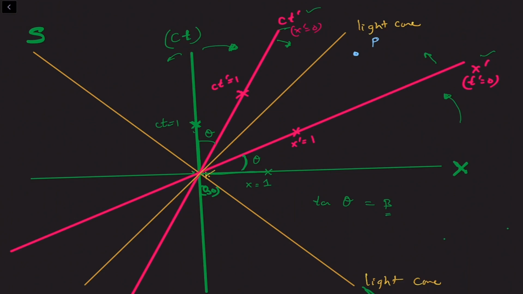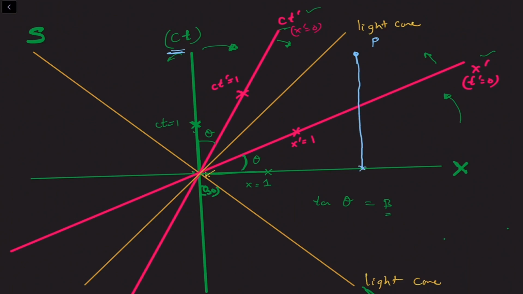So for observers S, what we do is we drop a perpendicular to the x-axis. In reality, what we're really doing is drawing a line parallel to the time axis, and seeing where that line intersects the x-axis.